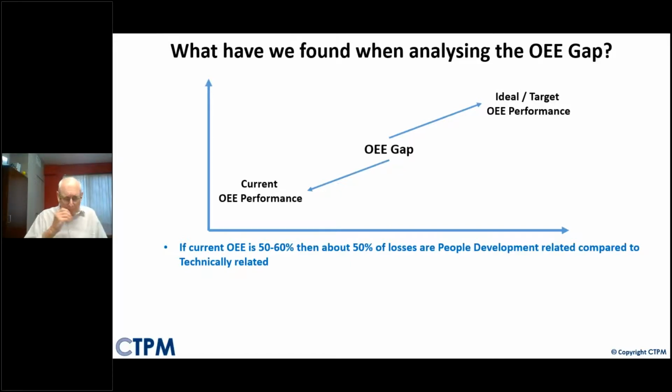Now, a technical solution is, let's have a better preventive predictive plan, and let's go and replace the spring at a regular interval so it doesn't fail. And that's fine if the equipment is run consistently all the time.